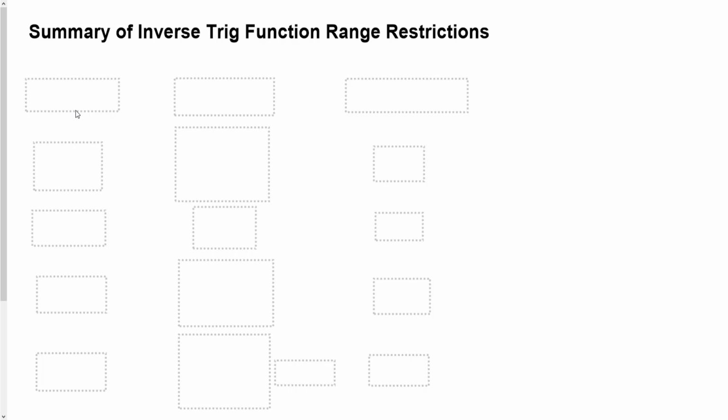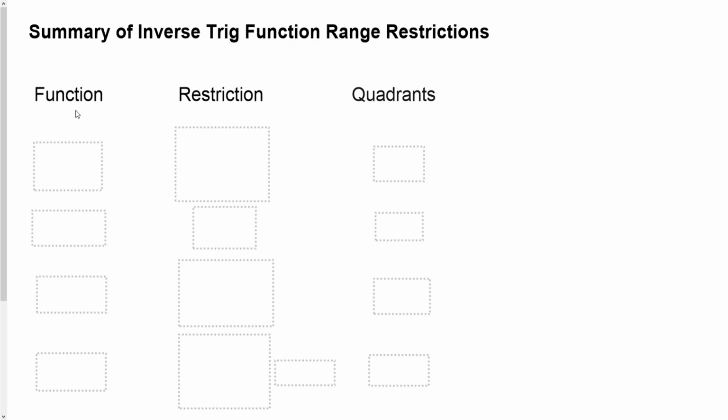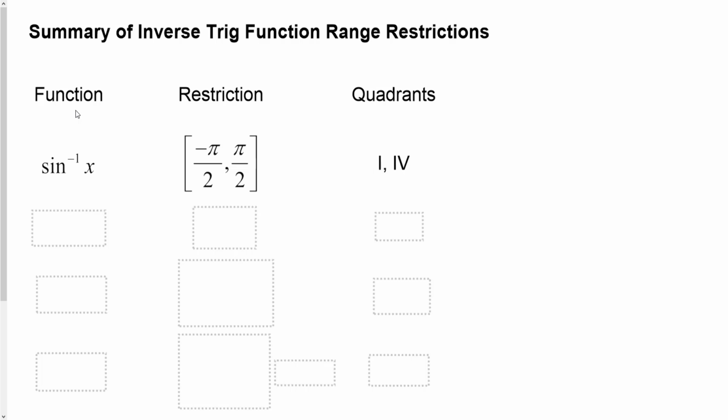So that's a lot of information to throw at you about these inverse functions all at once. To give you a summary of what you should know here: the individual functions, their restrictions, but most importantly, what quadrants the answers are going to lie in. For arcsine, the restriction was negative pi over 2 to pi over 2, which was quadrants 1 or 4. So just think of arcsine answers in terms of 1 and 4.